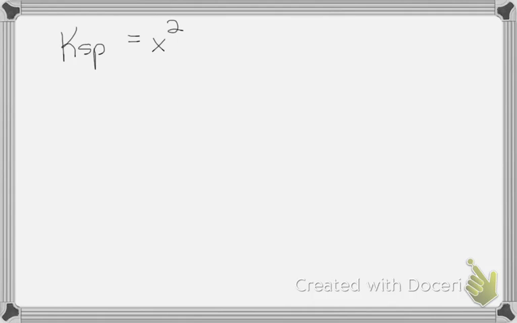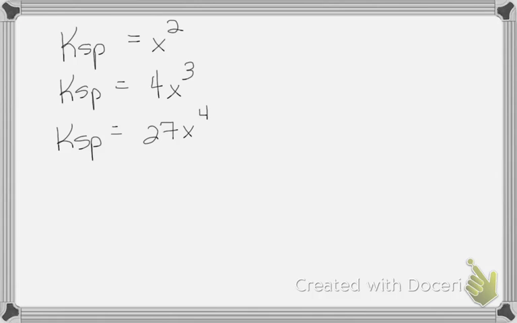But anytime it dissolves as one of these and two of the other, then that always works out to be 4x cubed. Anytime it works out to be one of these and three of the other, then that will always work out to be 27x to the 4th.